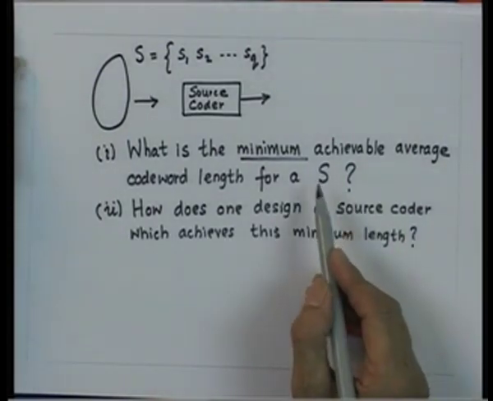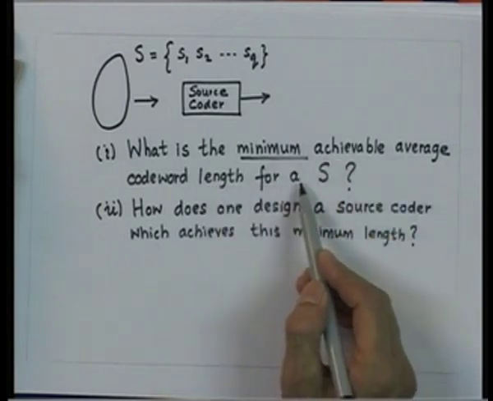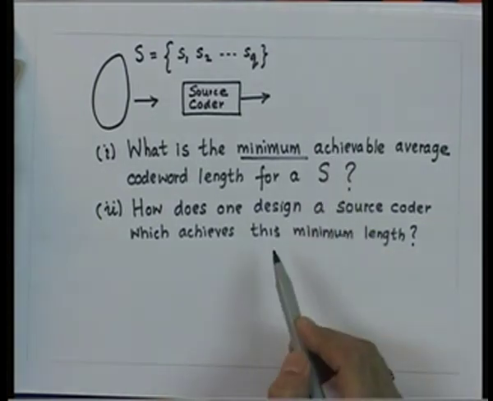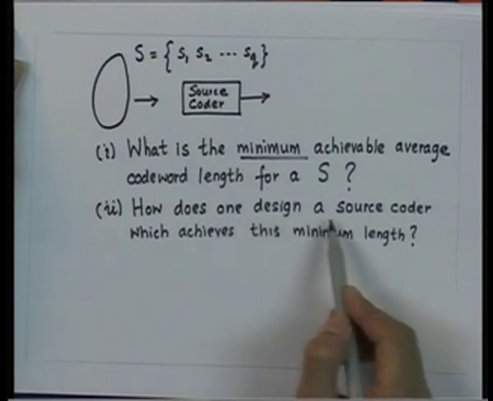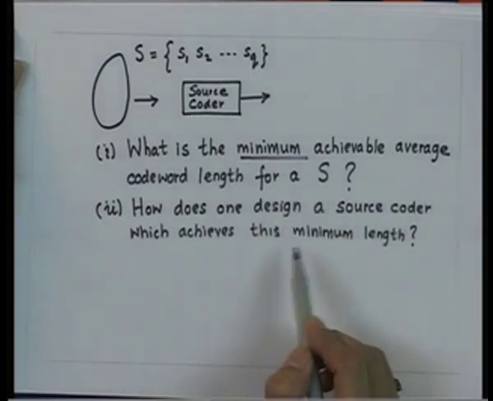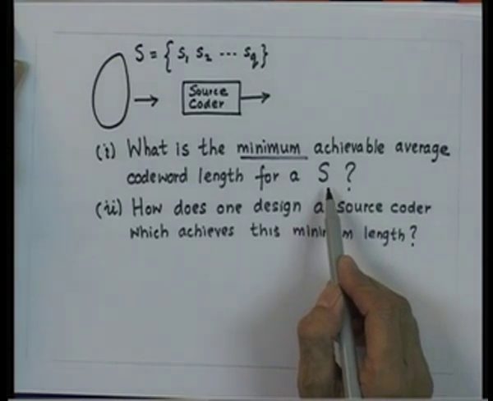Now, we will see that the minimum achievable average code word length for a source S will be related to the entropy of the source S, and it is very difficult to design a source coder which achieves this minimum length. It may not be possible for us to design an optimum source coder for all types of sources.